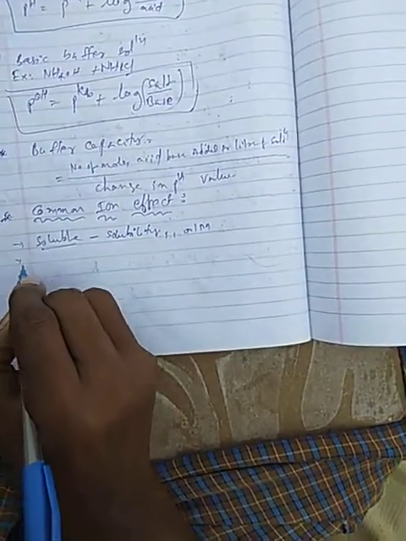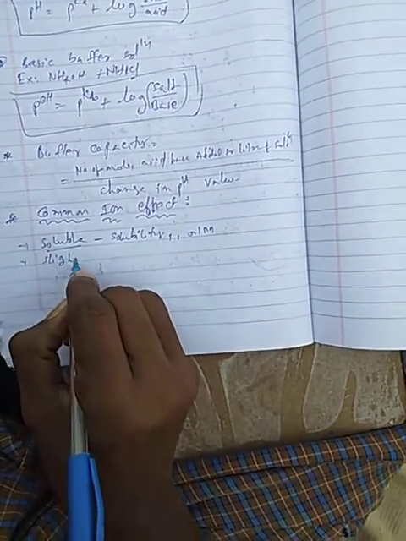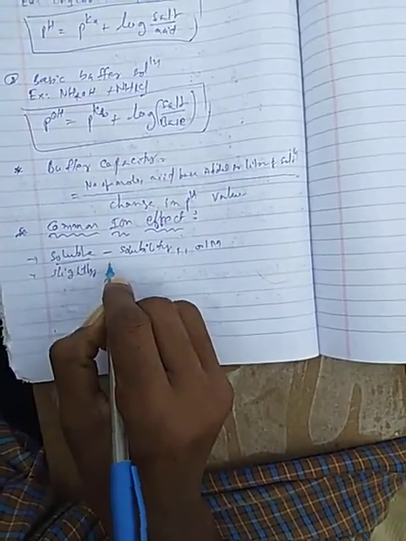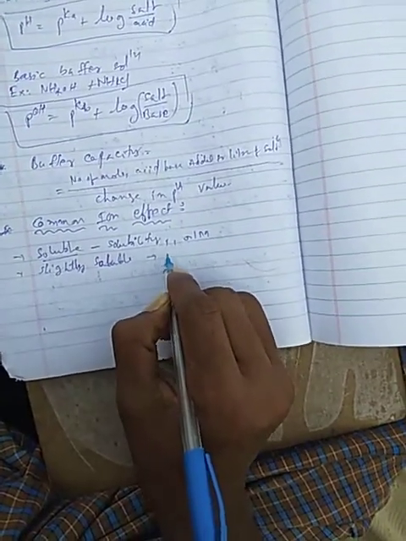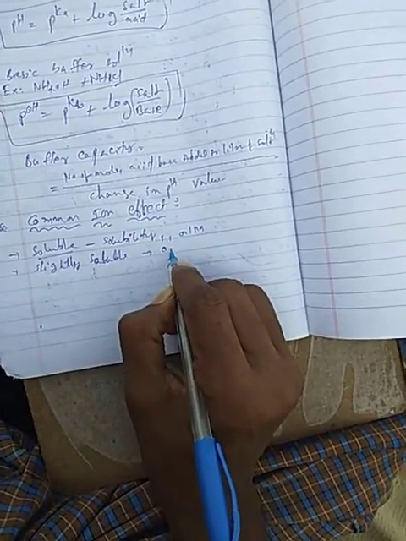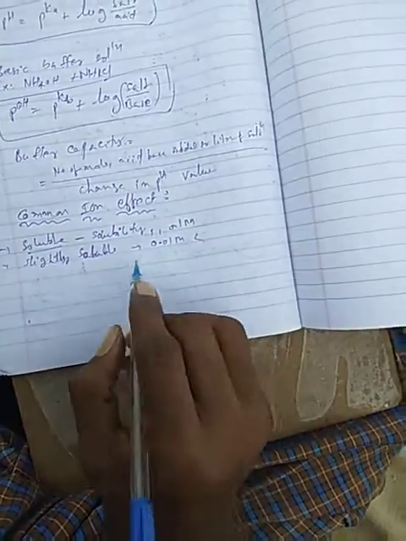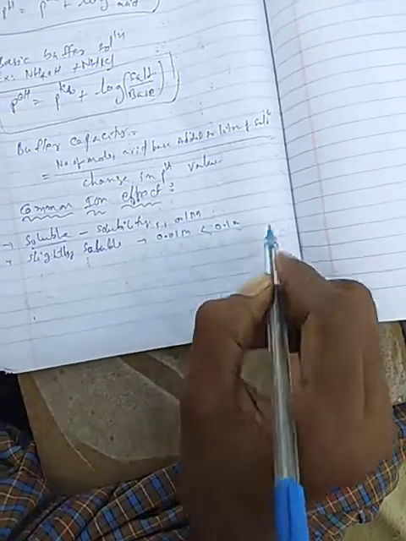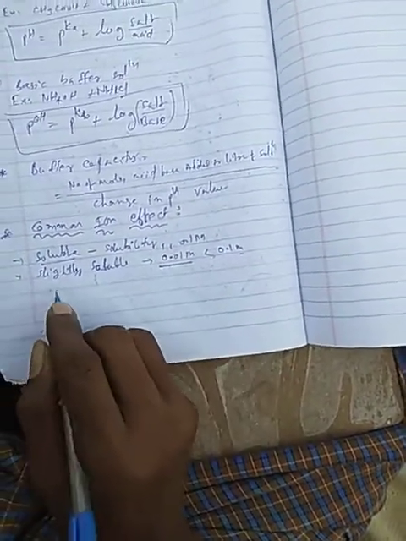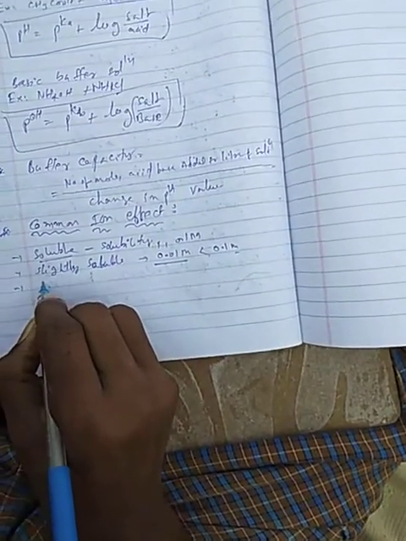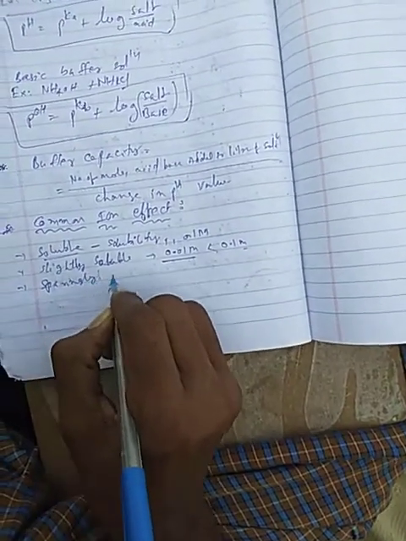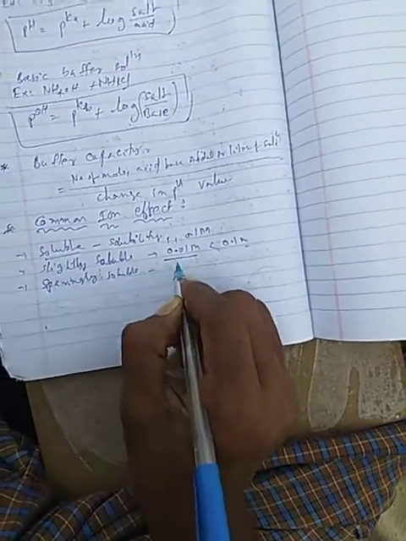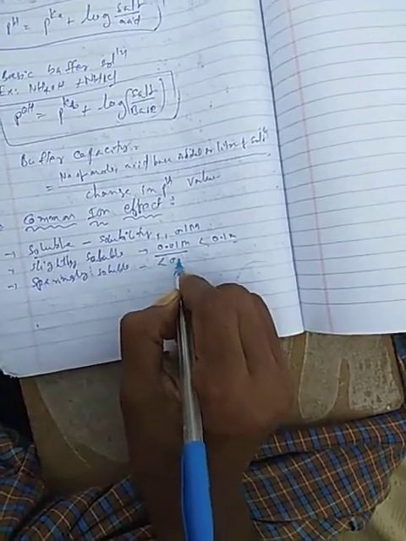The second one is slightly soluble salt, where the solubility is between 0.01 and 0.1 molar. The third type is sparingly soluble salts, with very low solubility, less than 0.01 molar.